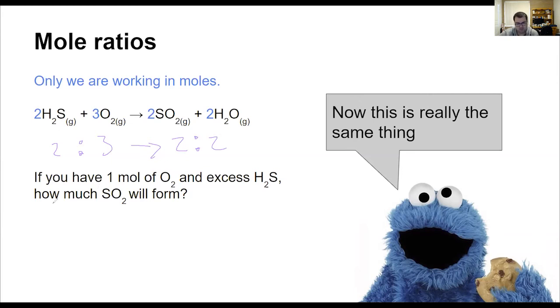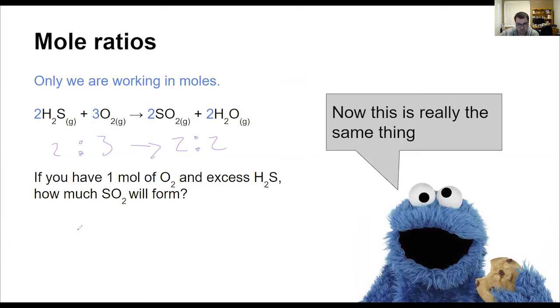All right, so to work this out, we need to work out how much of our product, sulfur dioxide, is going to form when we have 1 mole of oxygen and as much hydrogen sulfide as we need. So let's take a look at the ratio of the oxygen to the sulfur dioxide, 3 to 2. We want to work out how much sulfur dioxide is going to form. Well, it's pretty straightforward, people.